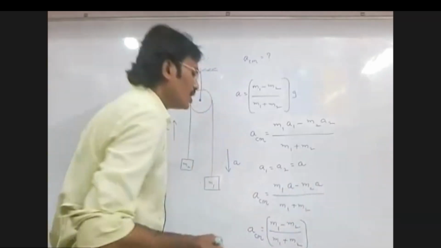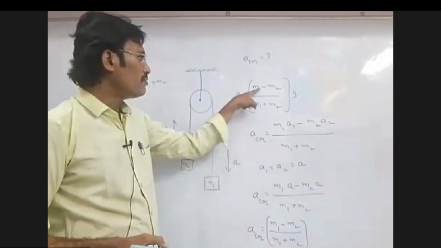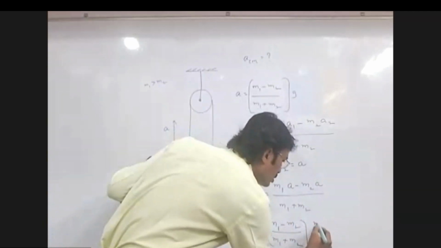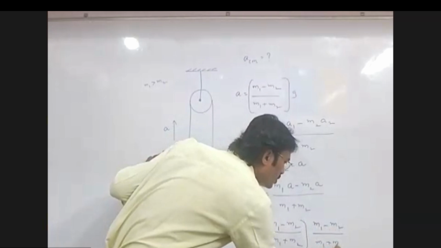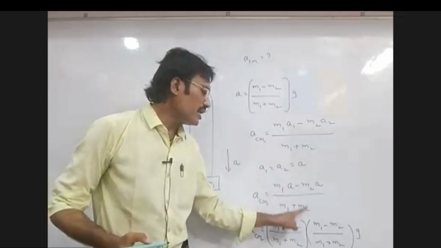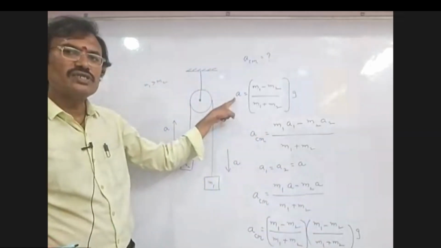When A is taken common, what do we need to write in the place of A? We write (m1 minus m2) by (m1 plus m2) into g in the place of A. Why? Because already we considered the formula of acceleration of the system of two bodies.